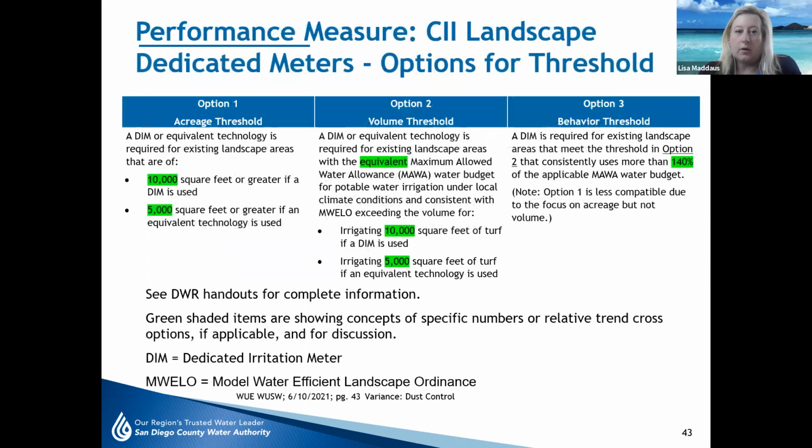So they also showed a couple of options for this yesterday. The principal one being that there be different thresholds for who needs a dedicated meter.